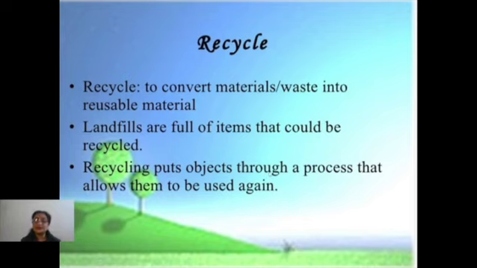Recycling puts objects through a process that allows them to be used again. Instead of collecting all that as waste, it can be converted into a new shape, a new form, and used as something new which we need in our daily life. So that is called recycling of the waste.